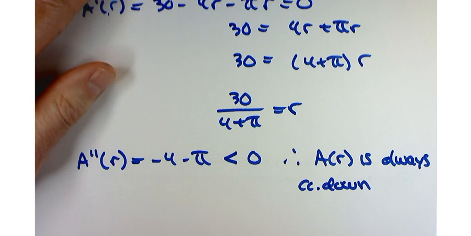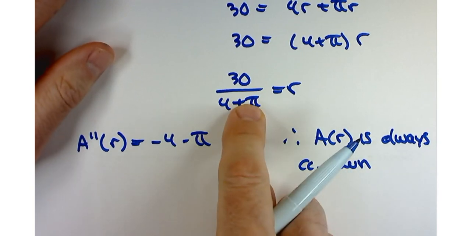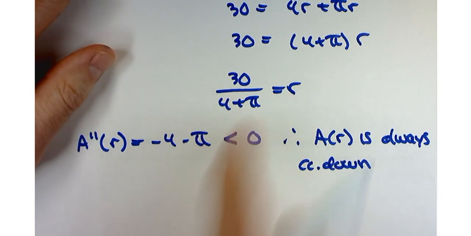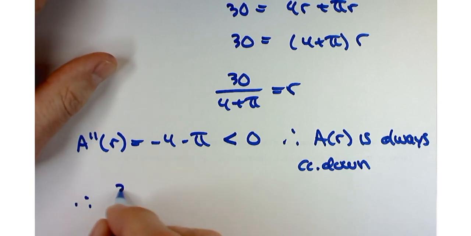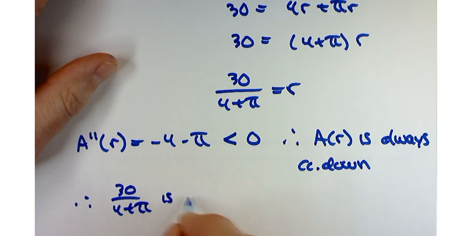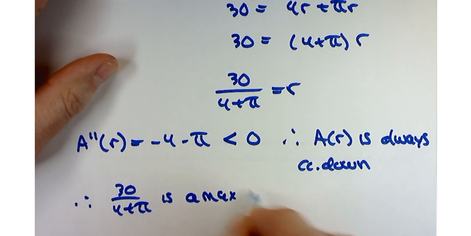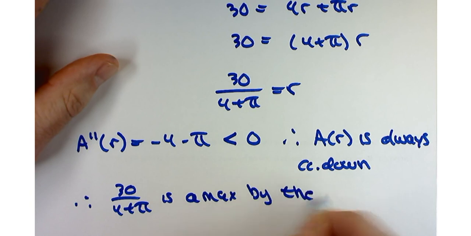If it's concave down, then this point has to be a maximum point by the second derivative test. So therefore, 30 over 4 plus pi is a max by the second derivative test.